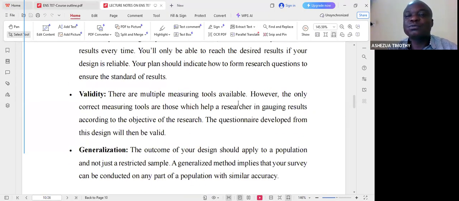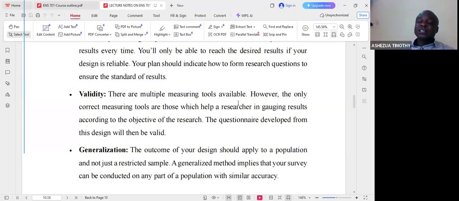There are multiple measuring tools available. However, the only correct measuring tools are those which help a researcher in gauging results according to the objectives of the research. Questionnaire developed from this design will then be valid. When you develop questionnaires, you have to take it to an expert to validate.